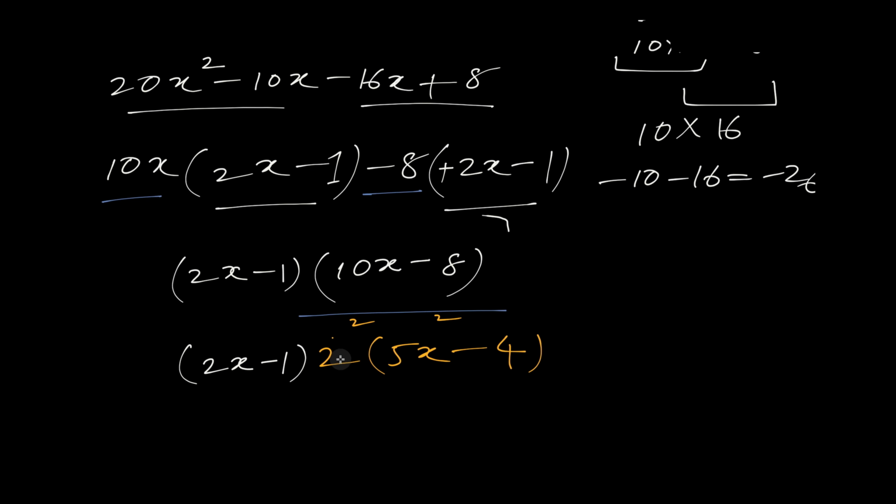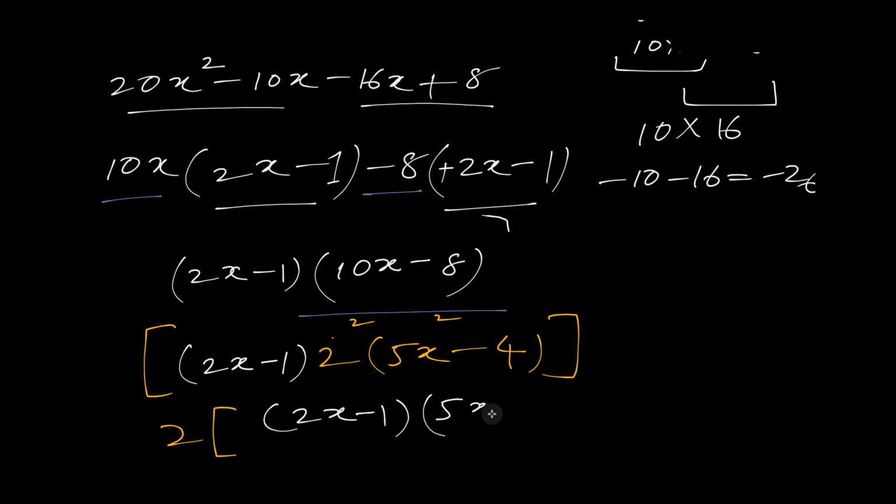Now this 2 looks odd in between these two parentheses. Anyway, this 2 is going to be multiplied with the overall equation. So I'm going to take 2 outside and write a square bracket. I will explain later why I'm writing the square bracket. Inside is 2x minus 1 and 5x minus 4, and the final bracket.